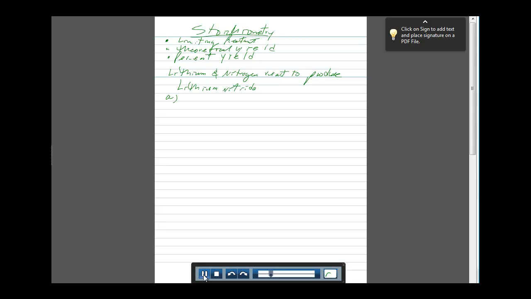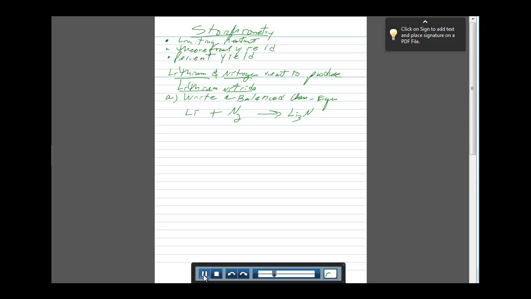First thing I want to do is to write a balanced chemical equation. So to do that, I start off with lithium, and it reacts with nitrogen, which is a diatomic, and it produces lithium nitride.